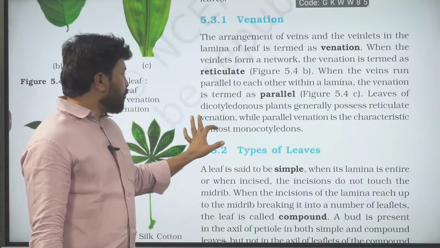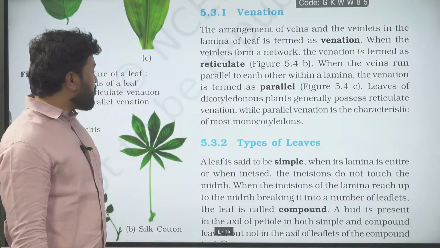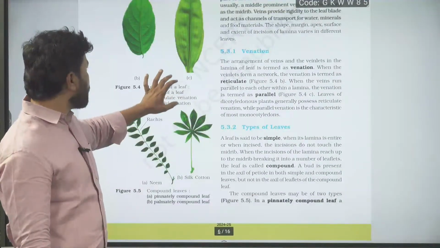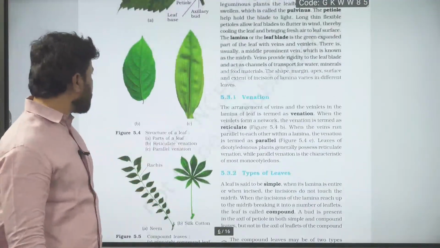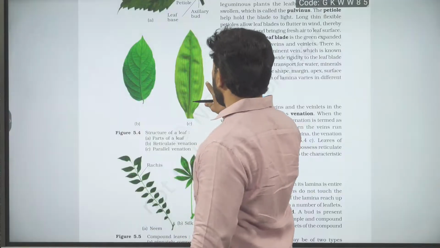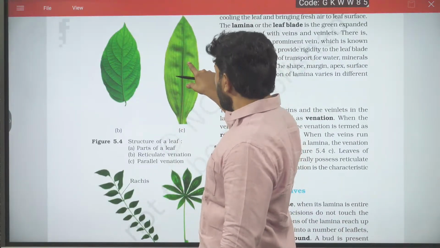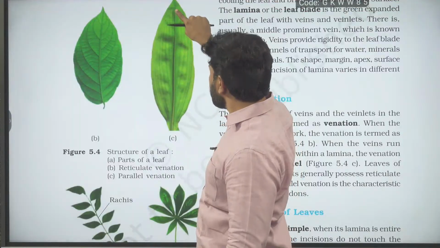Next one. While parallel venation is a characteristic of most monocotyledonous plants, look at this. Here they are showing a leaf. This is a monocot leaf. In this leaf, there is a midvein.